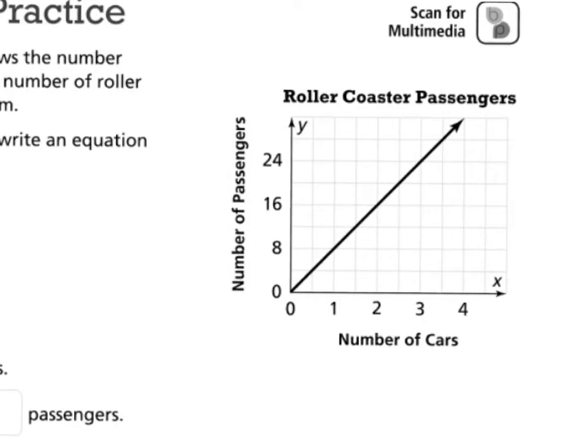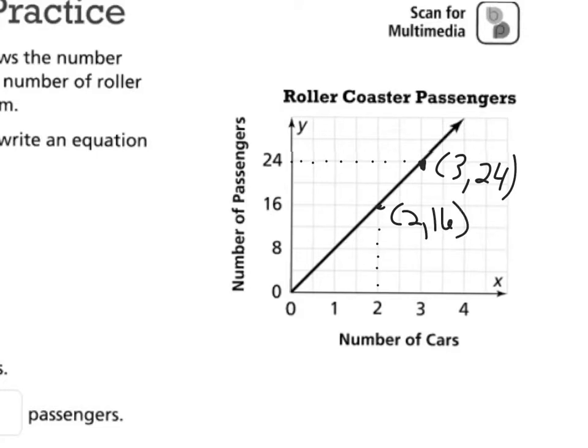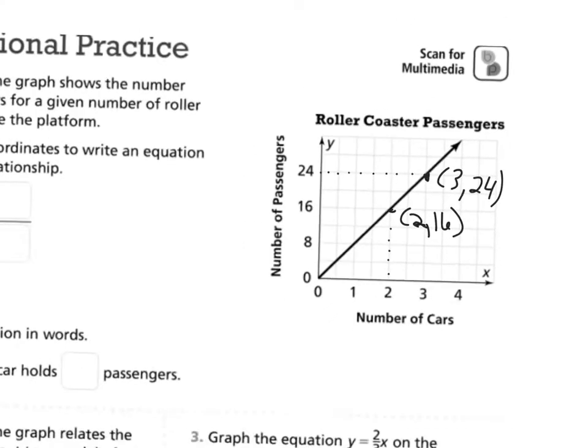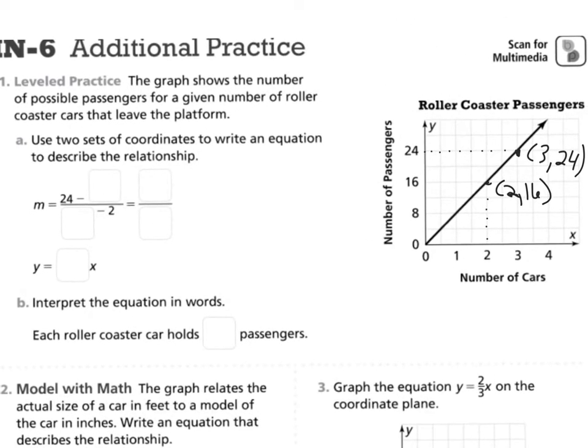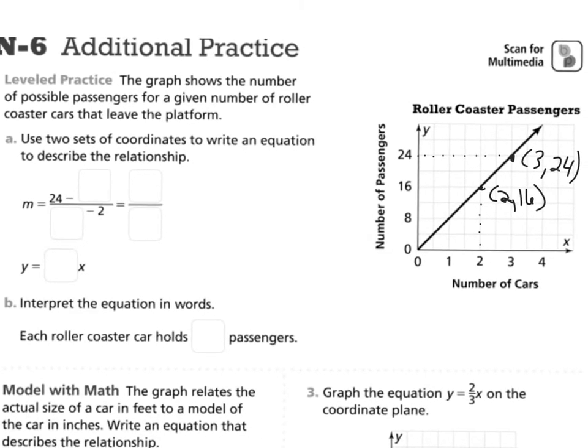That tells me what's going on here. 24 for the y value would be this point, which is 3, 24, and a 2 for the x value would be this point here, which is 2, 16. Normally we wouldn't have to just use those 2 points, but if this is already set for us here, we'll just go with it.